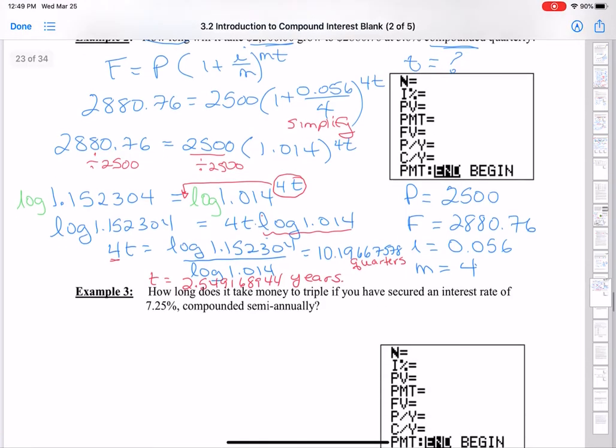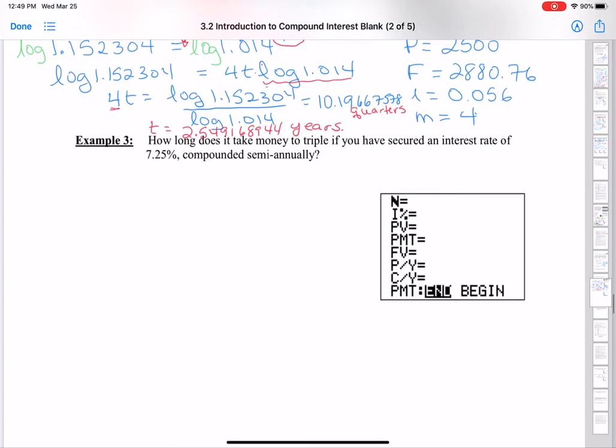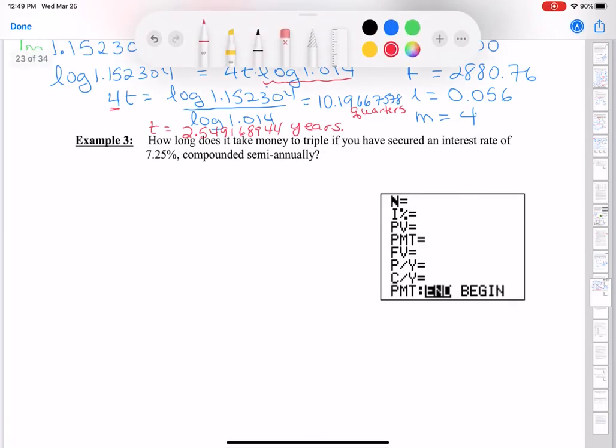So let's do a couple more examples that are a little bit different, that will solidify your understanding. All right, it says, how long does it take money to triple if you have secured an interest rate of 7.25% compounded semi-annually? All right, so again, I'm looking for time because the question is asking for how long.